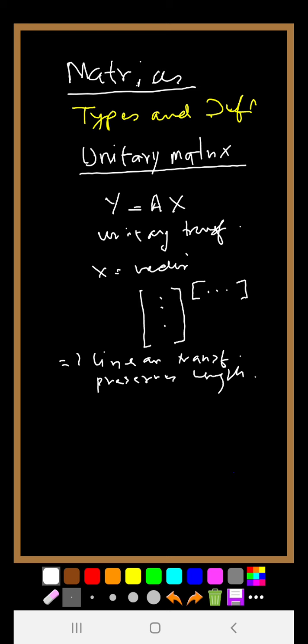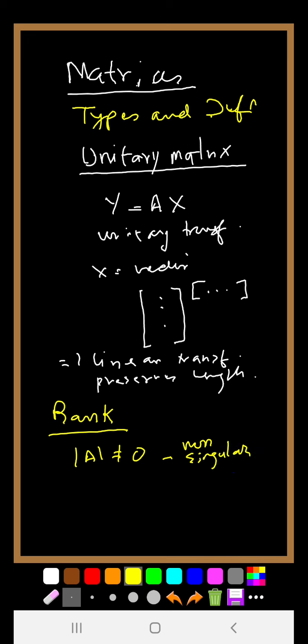Next is called the rank of the matrix. Now, if the determinant of the matrix is not equal to 0, it is called a non-singular matrix, and if it is equal to 0, it is called a singular matrix.